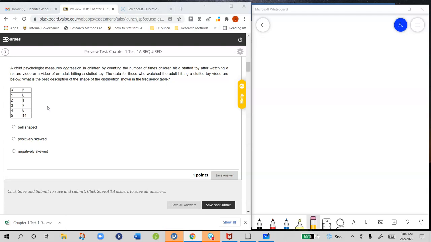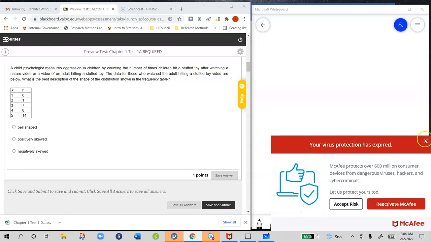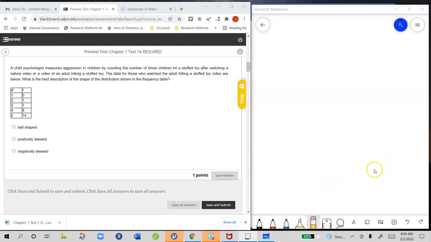Right? So in this case, we'd have very few scores at the low end, and we have quite a few scores at the high end. Right? So this would be a negatively skewed distribution, right? So if I were drawing this out, I would have more scores, like 14. If I go 1, 2, 3, 4, 5 are my categories.